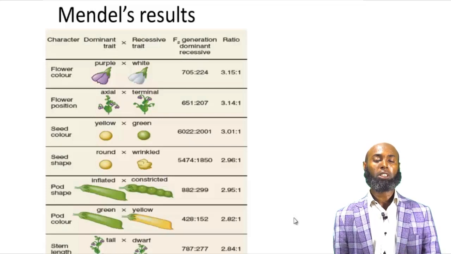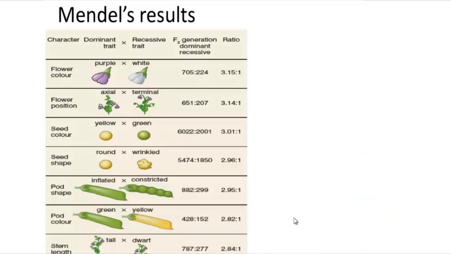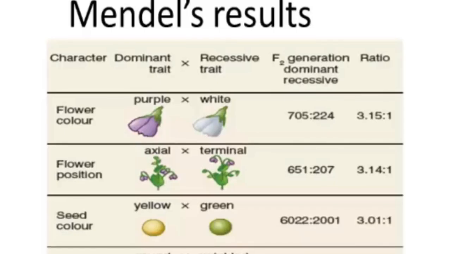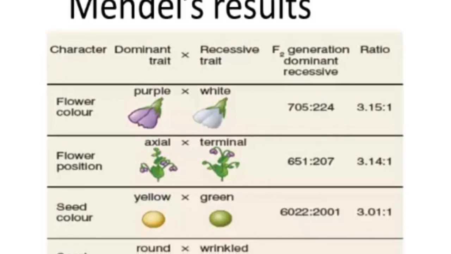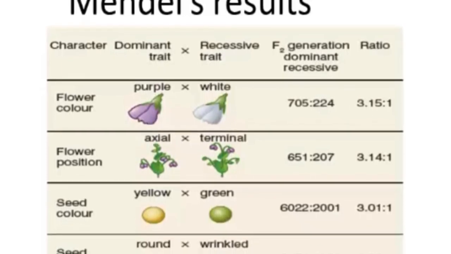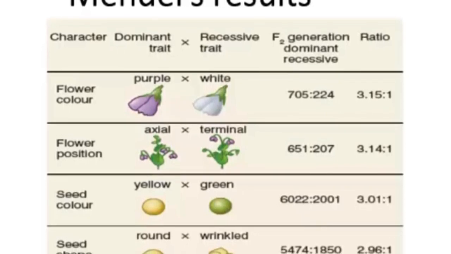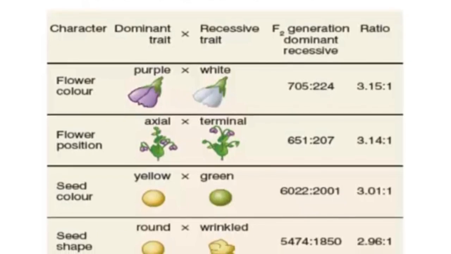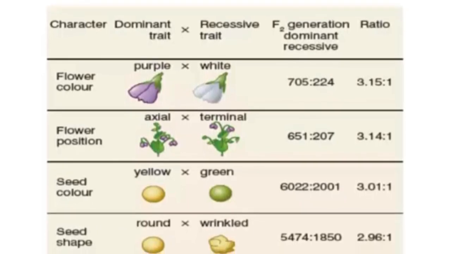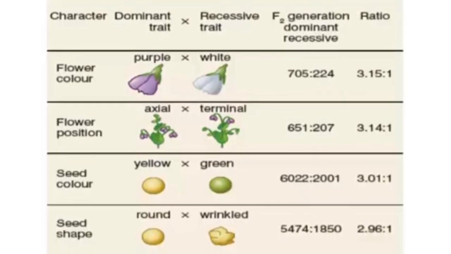If we take the first example, flower color, purple and white, the dominant trait that was expressed was purple, and the recessive trait was white. In the F2 generation he had 705 purple flowers and 224 white flowers.